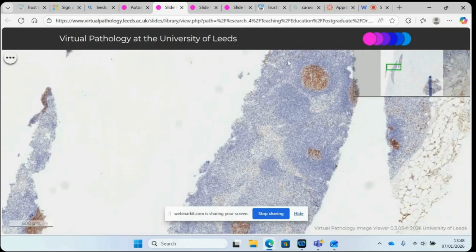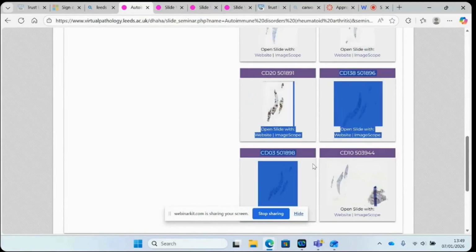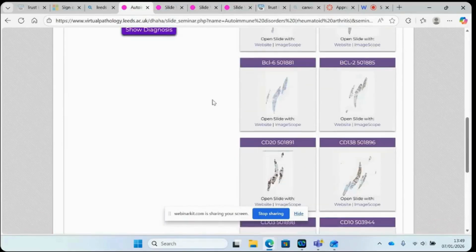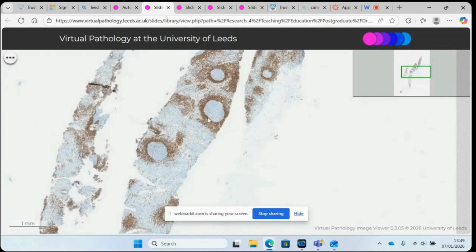And there isn't any CD10 outside, apart from 1 or 2 occasional cells, which I think we can live with. And then the BCL2 is negative. So the combination of positive CD20, positive CD10, and negativity of BCL2 indicates that this is reactive.